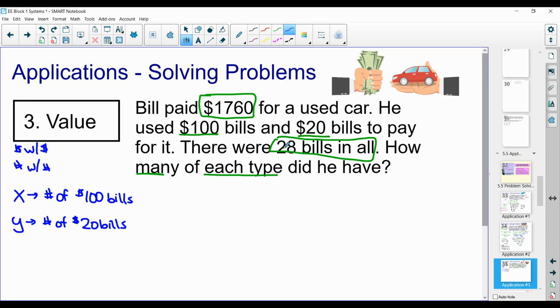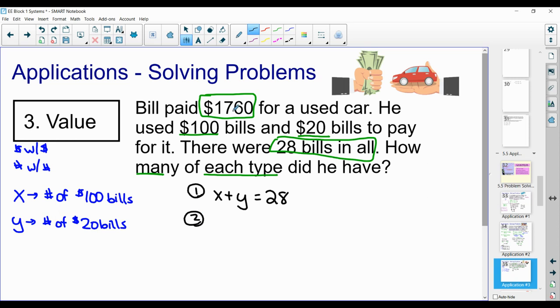So we start off with our numbers here. We have 28 bills in all. Well, X represents the number of $100 bills and Y represents the number of $20 bills. So our first equation is going to be X plus Y is 28. So the number of $100 bills plus the number of $20 bills is 28.